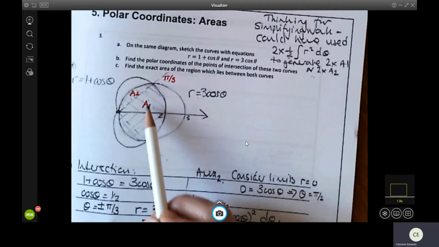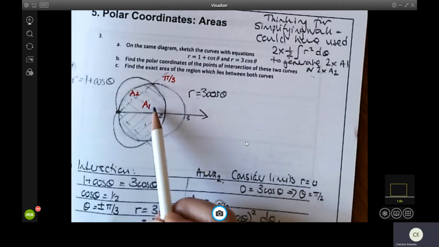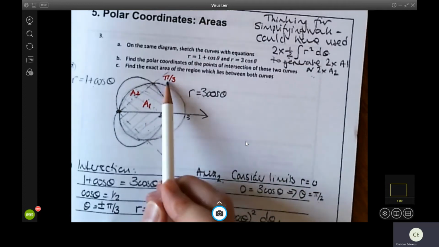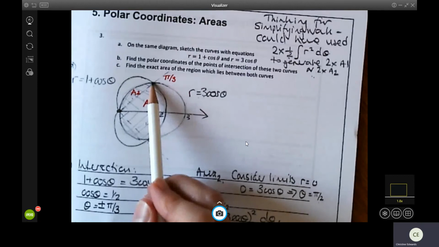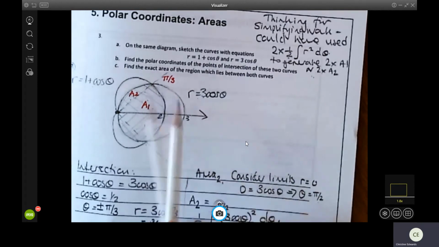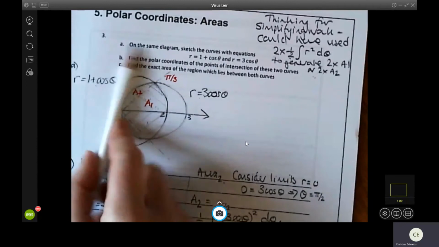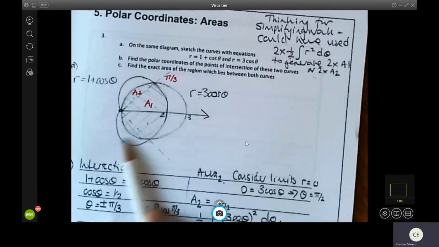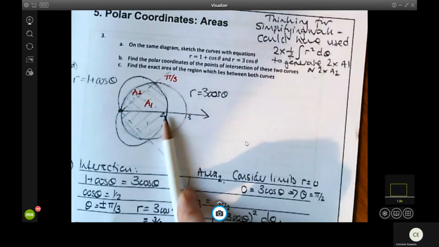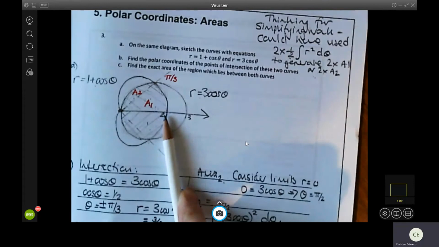However, that is not the case in polar. If I were to work with the limits pi over 3 at the bottom and 0 at the top, I would be going from pi over 3 round the pole and arriving at 0. And that will produce me a very different area.